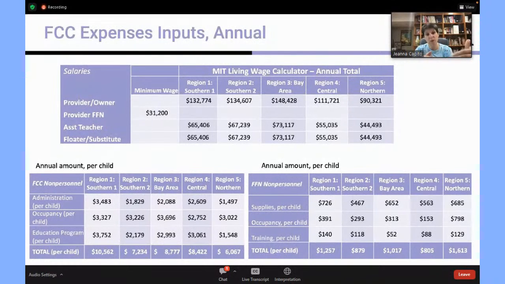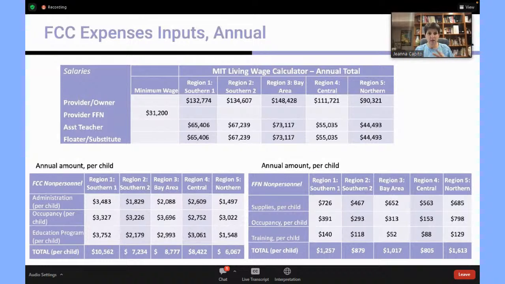We then applied that percentage to the living wage, because instead of applying it to the current wage, or what they're able to currently pay an assistant, we applied that percentage increase. So it's a similar approach, different data source, because we used family childcare data compared to center-based data on the earlier slides that we were speaking about.